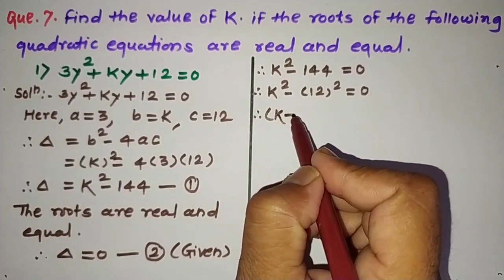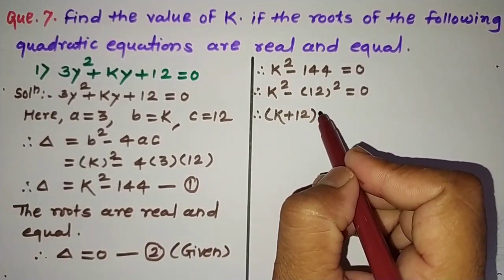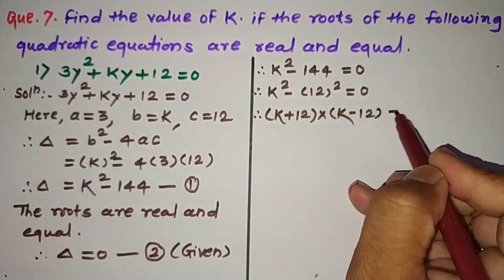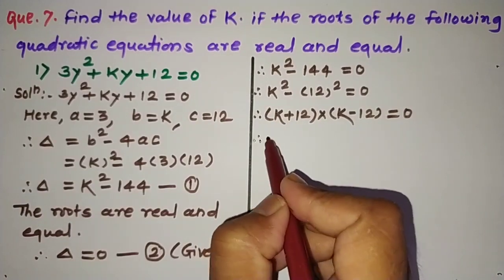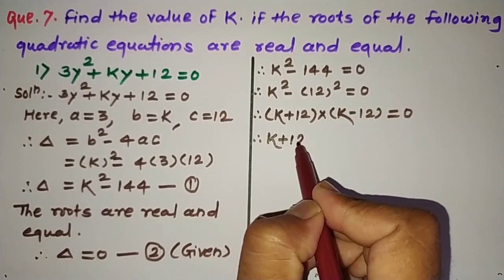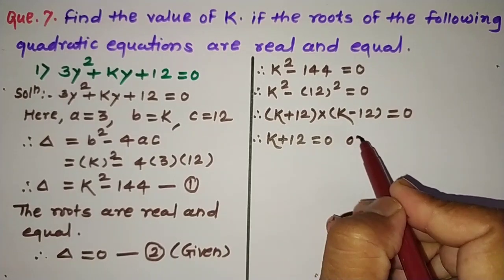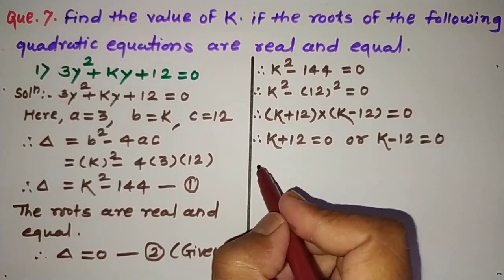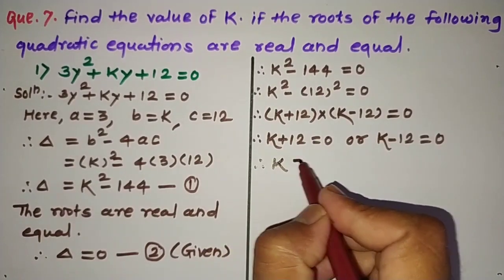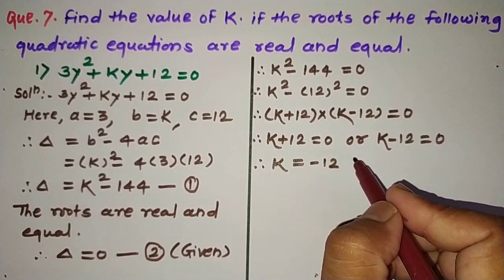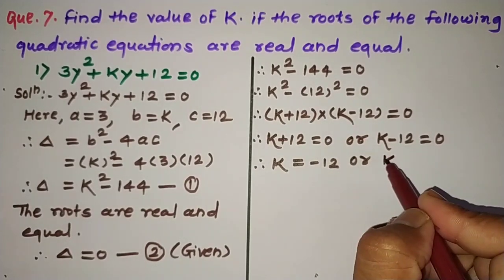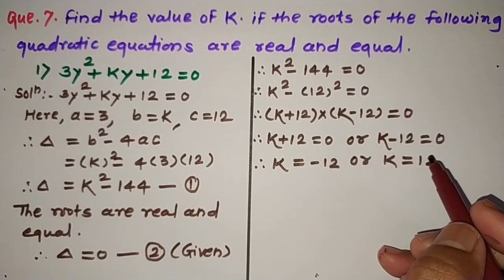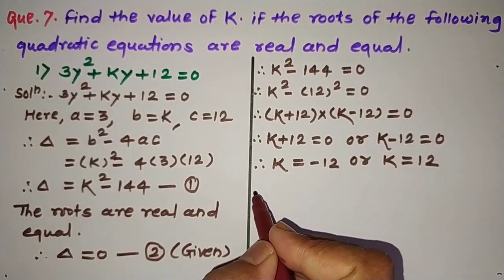First bracket k plus 12, second bracket k minus 12 is equal to 0. Therefore, k plus 12 is equal to 0 or k minus 12 is equal to 0. The value of k is equal to minus 12, or k is equal to plus 12.